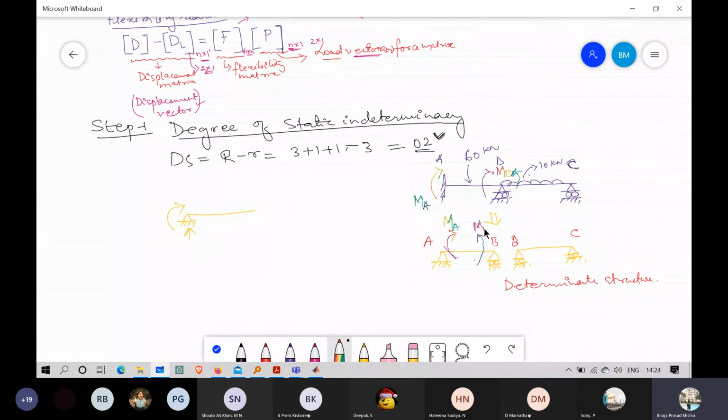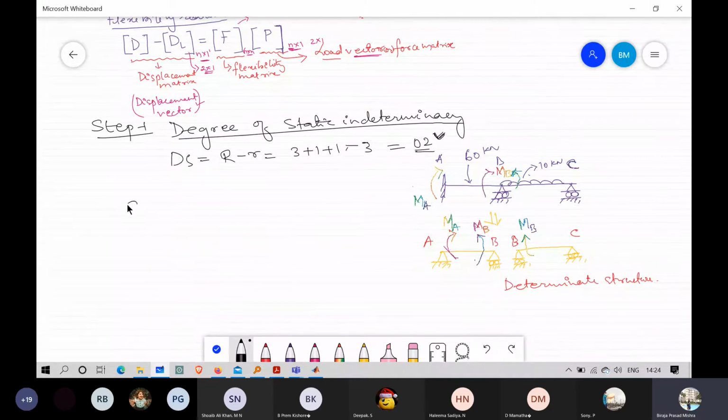I'm not saying that they will be in this direction particularly, but I am assuming that the moments here will be in this direction. So I am taking these moments as redundant.